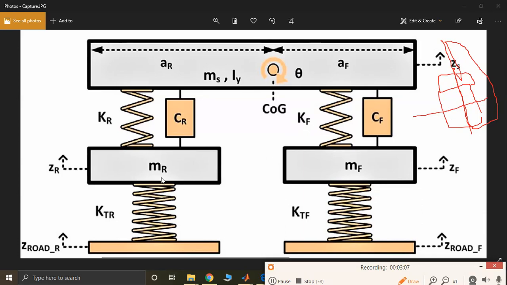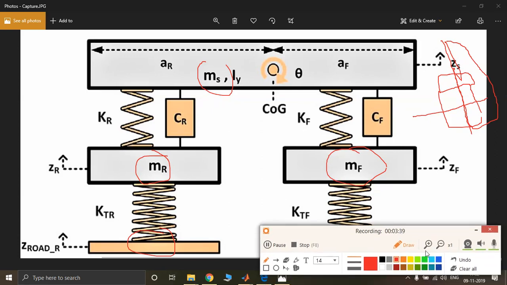So this is the rear, this is the front, and this is the sprung mass. What will happen as the road excites this model? This part will go up, then this part will go. This will push MF, the front unsprung mass of the body, and this is the rear unsprung mass, and both of these will move the sprung mass of the body.